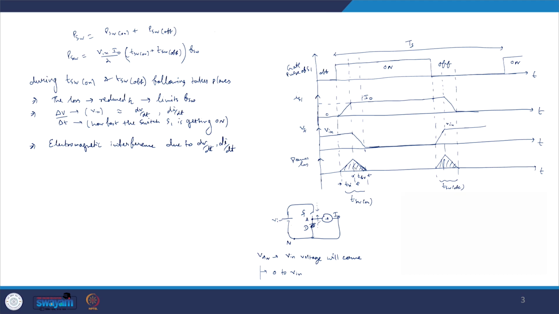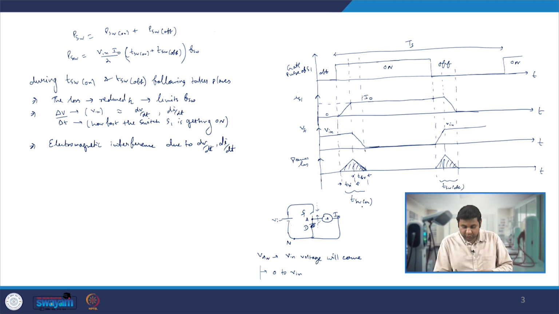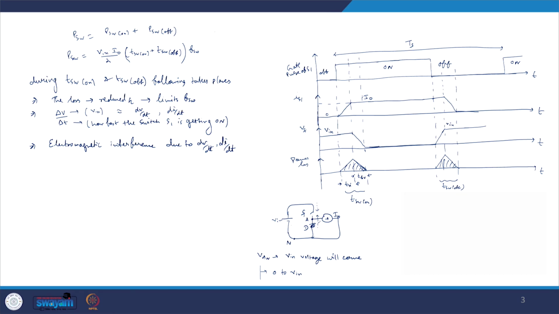On one hand, you want this switching T switch on to be as small as possible, such that your switching loss is small. On the other hand, the moment you go for a smaller T switch on, that means you have a smaller T rise and T fall. Then these dt values become very small, and that's when you have very high dV/dt and dI/dt imposed at the output terminal of your half bridge, or the bridge comprising S1 and the D diode.